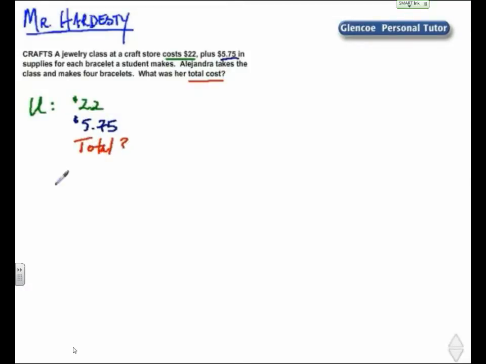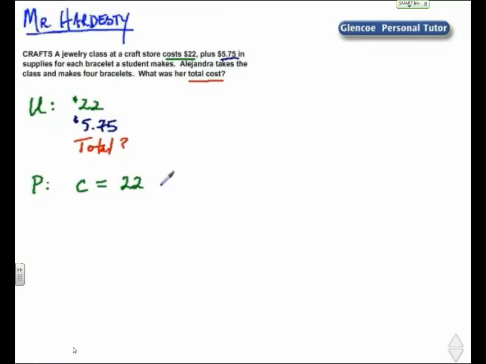Consider a plan. What should we do to solve our problem? Well, let's write an equation to represent total cost. Total cost, let's say, is C. That's our unknown. We know the initial cost is $22. That $22 represents the cost of the class.